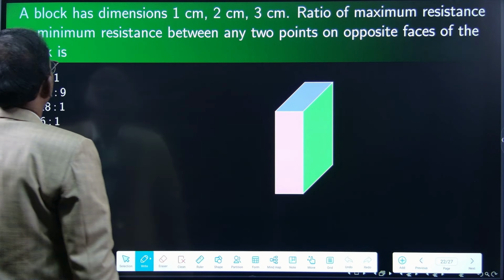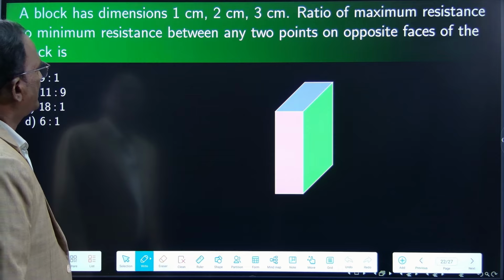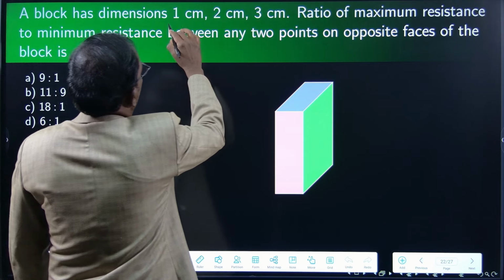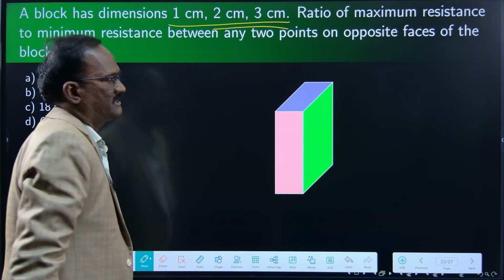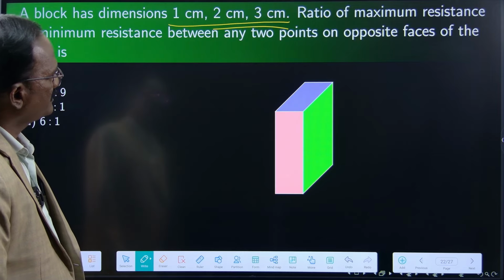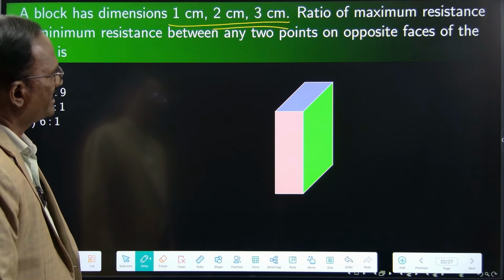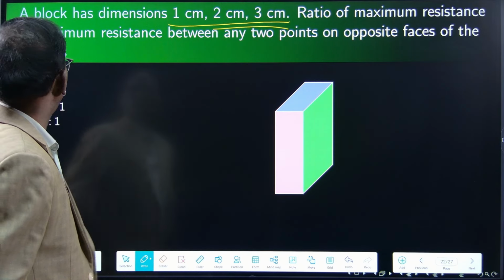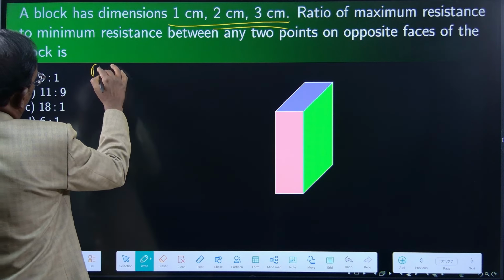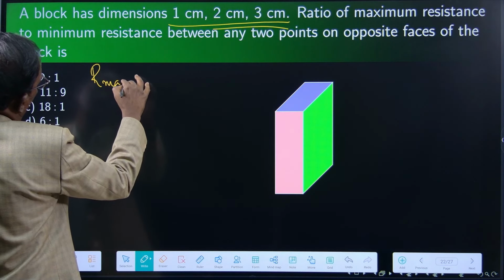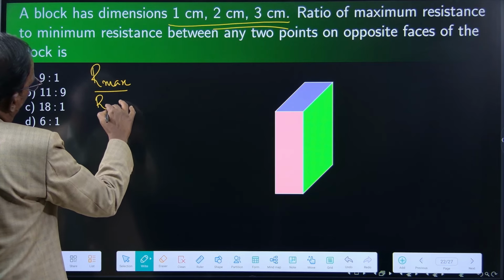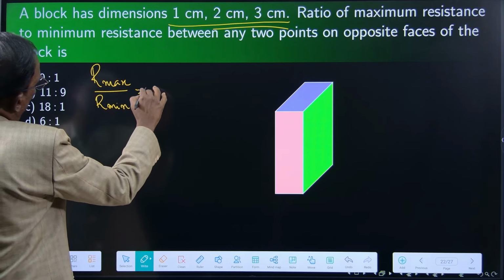Next problem, a block has dimensions 1 centimeter, 2 centimeter and 3 centimeter. This is also a dimension related problem. Ratio of maximum resistance to minimum resistance between any 2 points on opposite faces of the block is what? Ratio of maximum to minimum, this is in question.